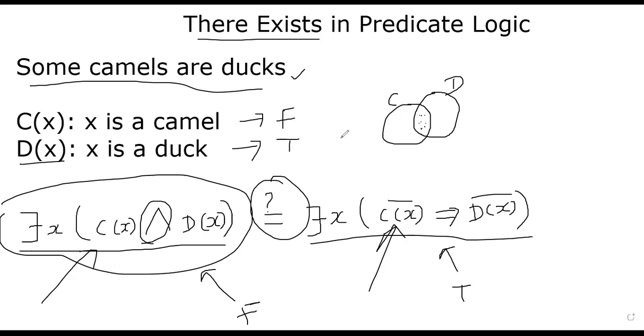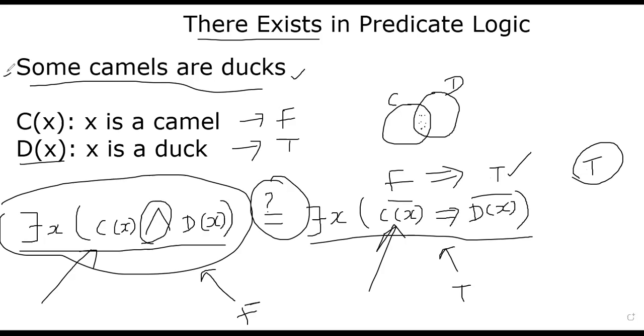But if you substitute this here, this is false and this is true. False implies true is actually true, because from a false hypothesis, you can arrive at any conclusion, including a true conclusion. So what it means is that if you model some camels are ducks as there exists x such that C of x implies D of x, you can actually arrive at a true conclusion, although we know for sure this is always wrong.